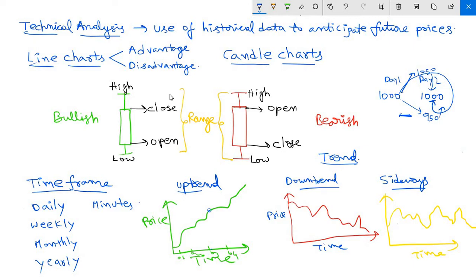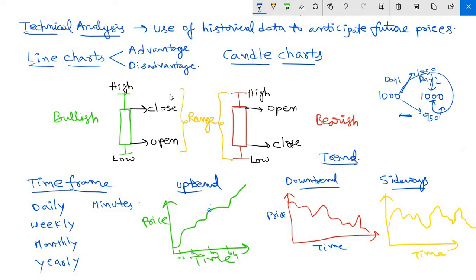So instead of a point, what they thought was, why point? Whenever I want to see anything in a particular time frame, what is the most important information that I want to know? Is it that the stock went up and came down and up and down, or it went down and then went up? All these are the things, right?